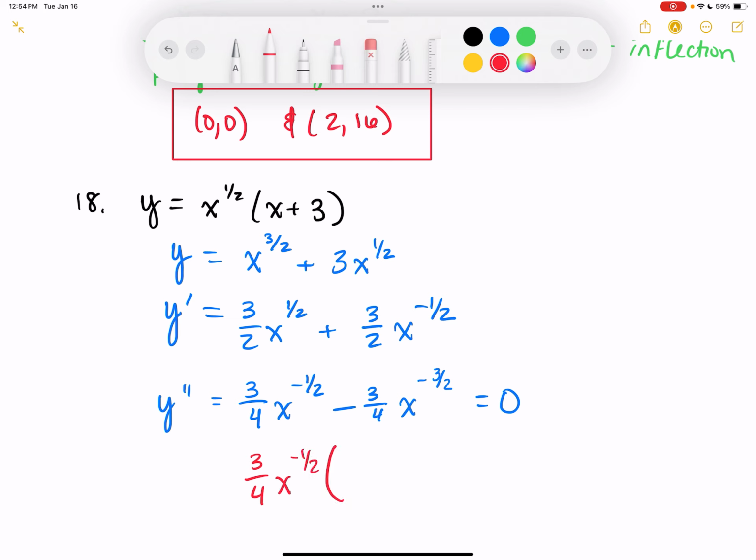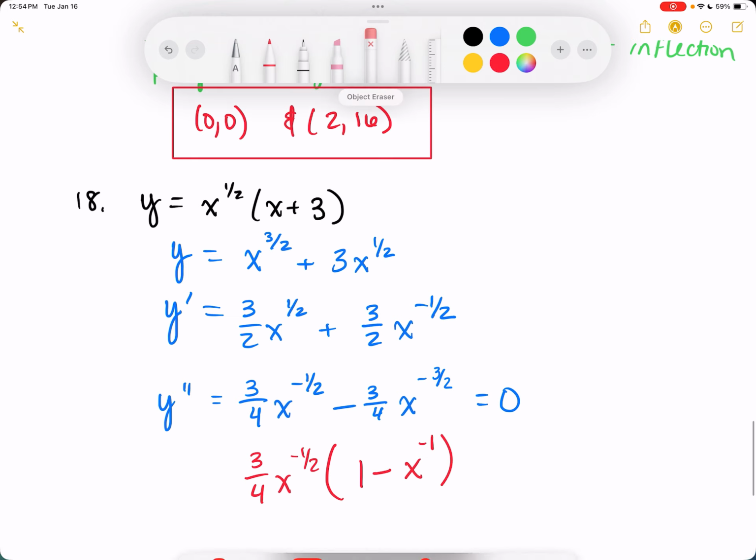I was going to let you tell me what that would be. So 1 minus x to the negative 1 over 2. Why would it still be negative 1? Are we taking out the negative?